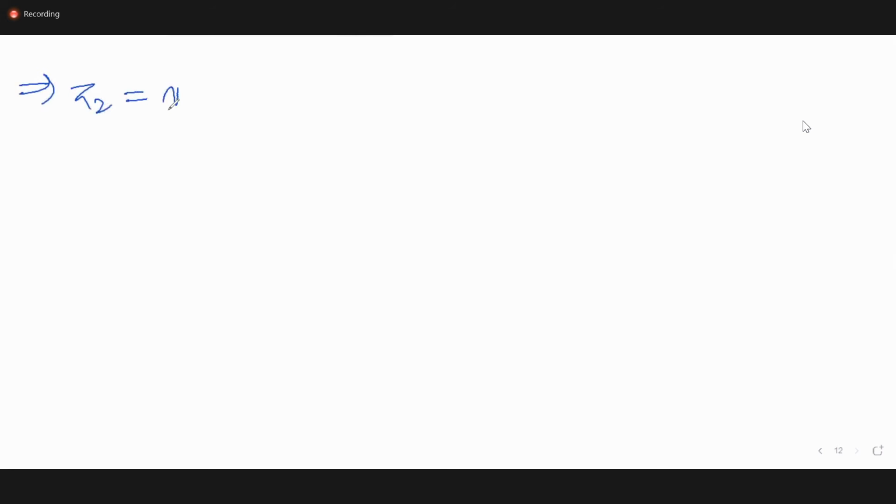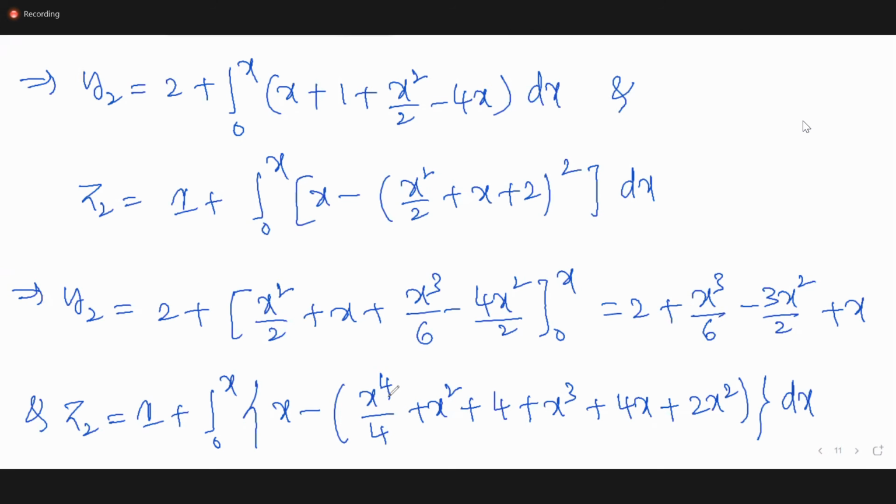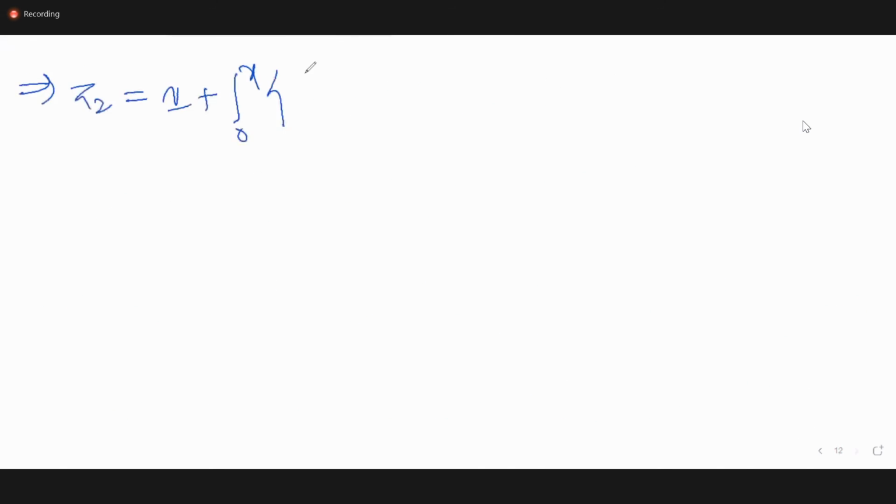Z2 is equal to 1 plus integral 0 to x. First higher order derivatives. Higher degree terms. What are the higher degree terms? X power 4 by 4. So minus x power 4 by 4.